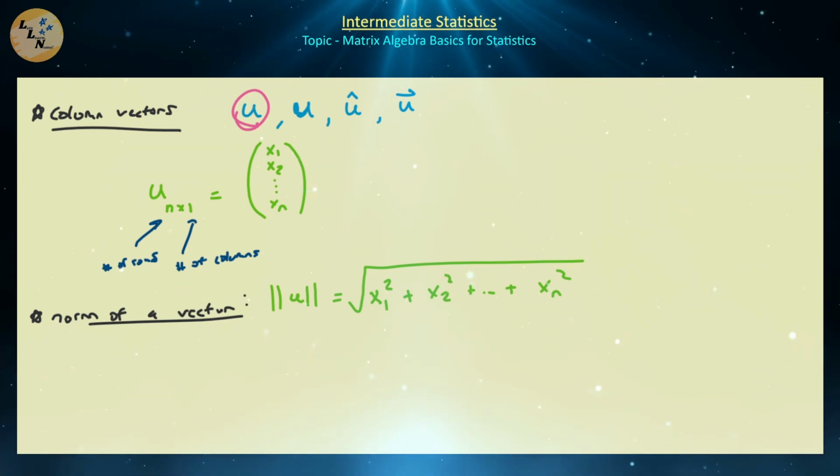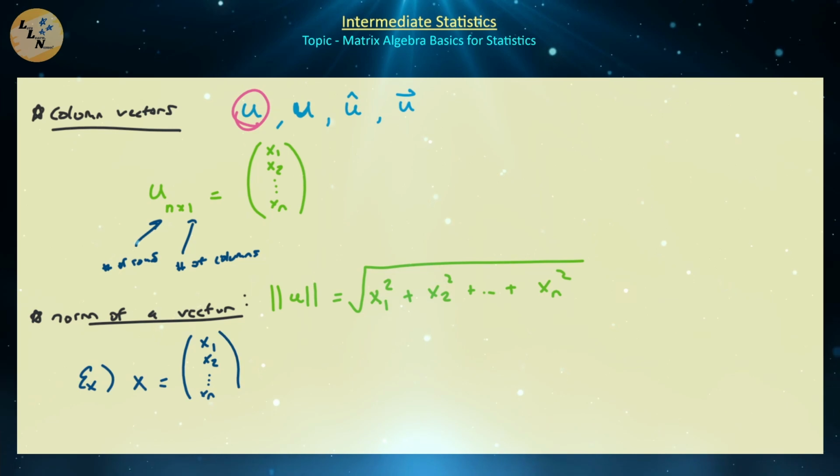Now, the norm of a vector should actually look vaguely familiar to you if you're familiar with some basic statistical metrics. For example, let us assume that we define the vector x to be equal to x1, x2, down to xn, and let's assume we define this one vector to be equal to a bunch of ones.